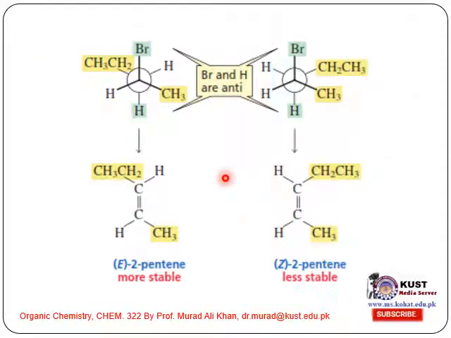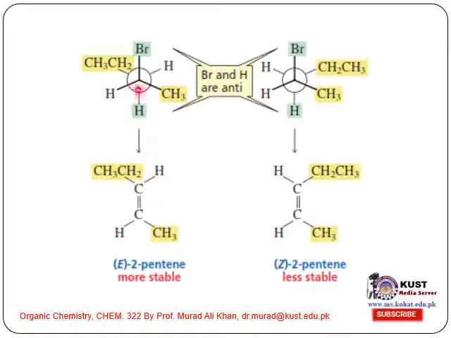Looking at the example here, these are the two bromopentanes. This is syn-periplanar and this is antiperiplanar. But the bromine and hydrogen are anti to each other in both cases.